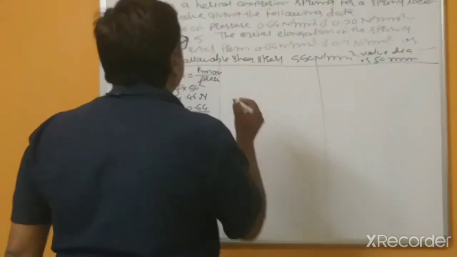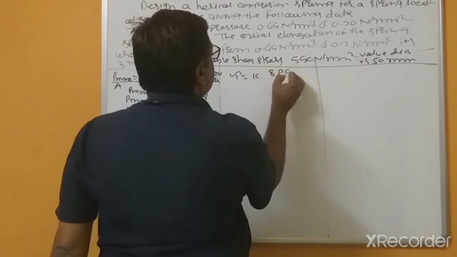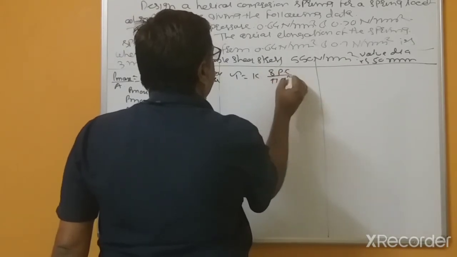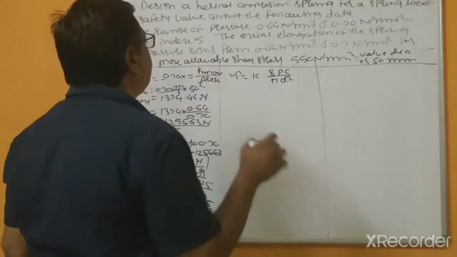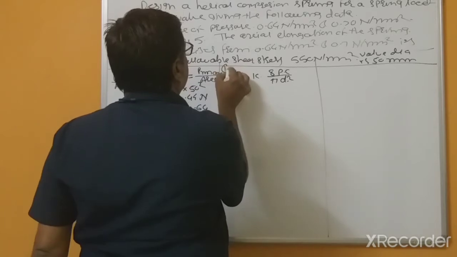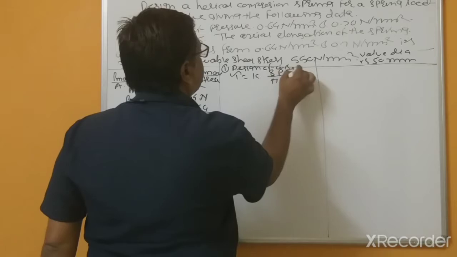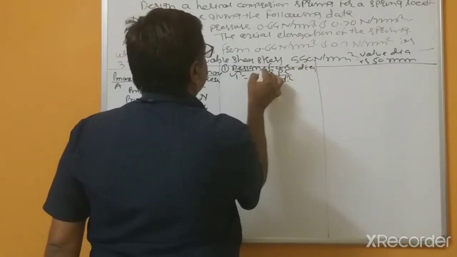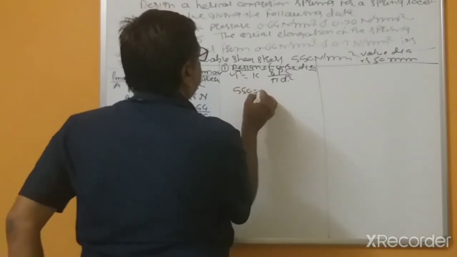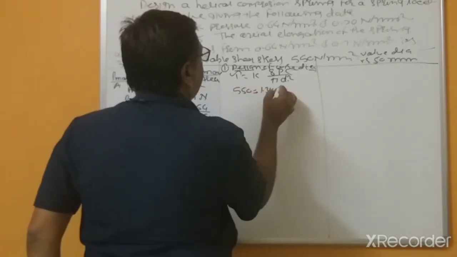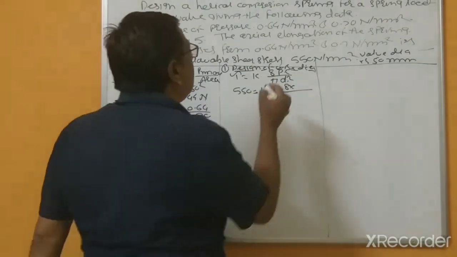And what is the formula for tau? Tau equals K into 8PC divided by pi d squared. This is the first bit of the design of the spring: the design of the wire diameter. Tau equals 550, K is 1.31058, and the maximum load is to be considered.